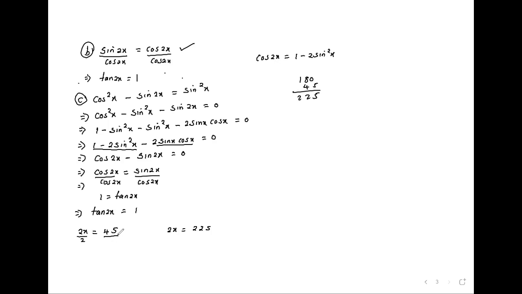We divide by 2. So x is going to be 22.5. X is going to be 1 what? So I'm now dealing with 225. So it will be 112.5.